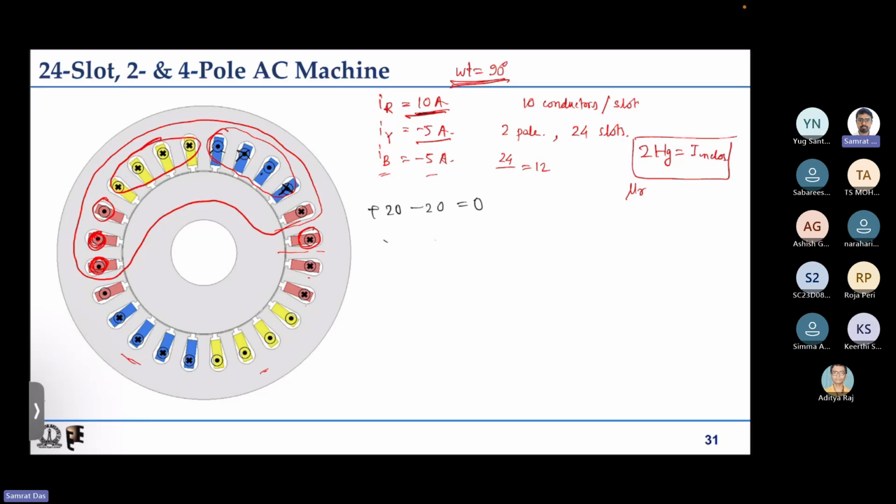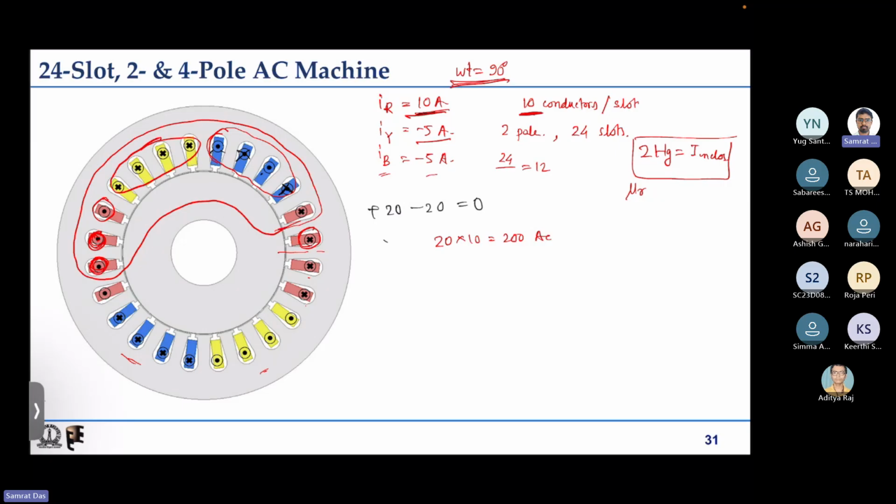So we have 20 as the enclosed current, and if 10 is the number of conductors per slot, then multiplied by 10, that is 200 ampere conductor is getting enclosed. Now this total H will be dropped along the two gaps.